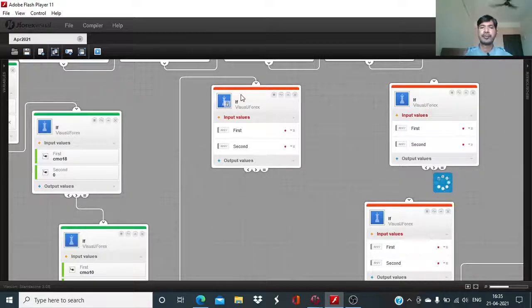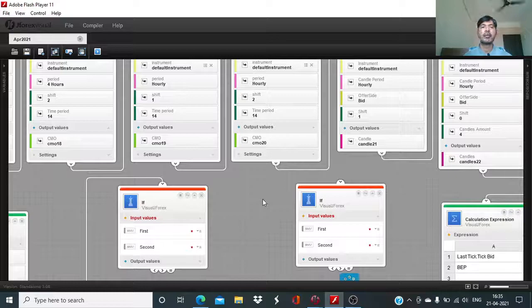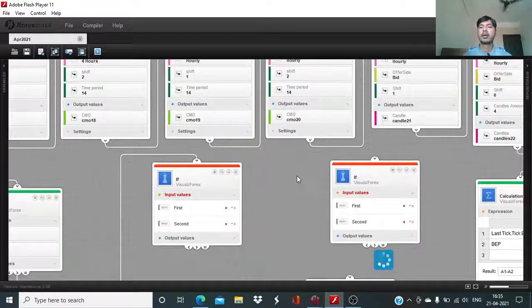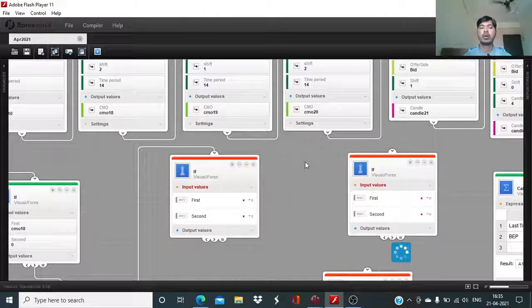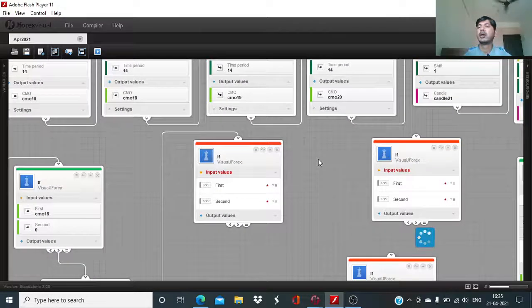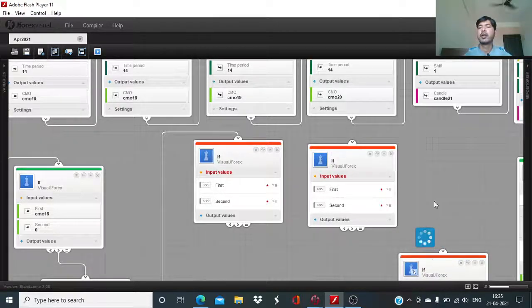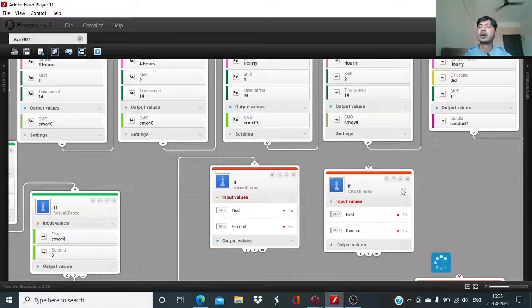Alright. Now we turn our attention to the hourly time frame where CMO 19 should be above 0 and CMO 20 should be below 0. That will signify that the momentum on the hourly time frame is shifting from slightly bearish to now bullish.